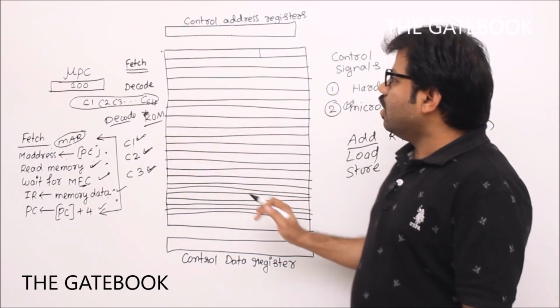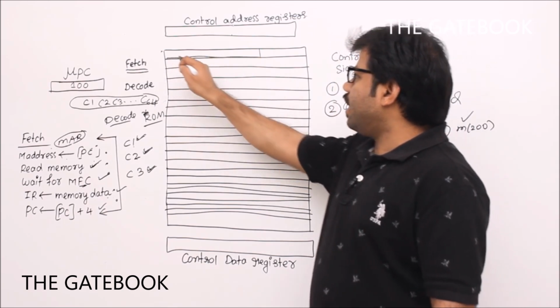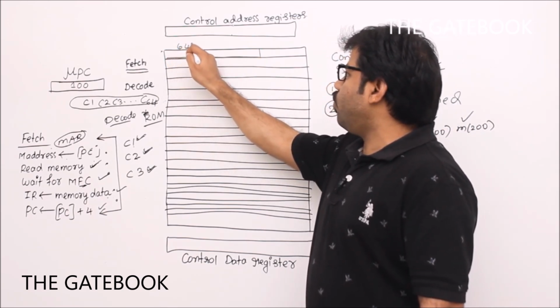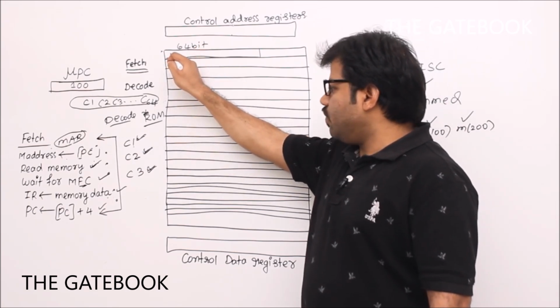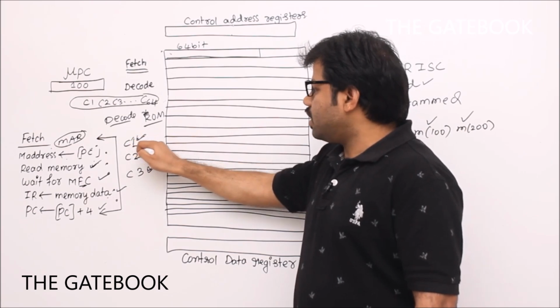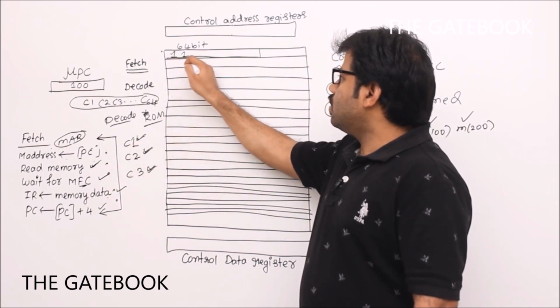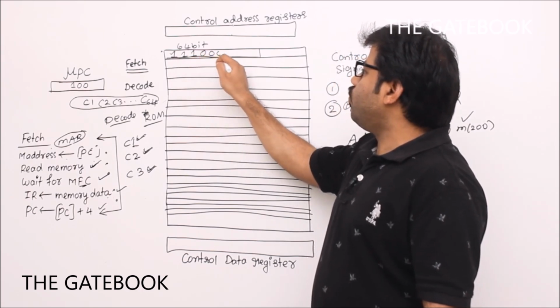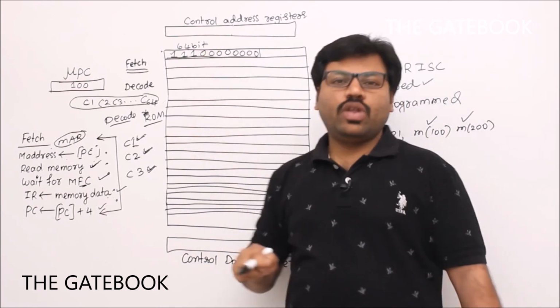In the memory, I am taking one row. In that row, I will write 64 bits of information. The first bit indicates C1. Since the C1 signal is compulsory for fetch, I write 1, C2 is 1, C3 is 1, and all the other signals should be off. This is called a micro instruction.